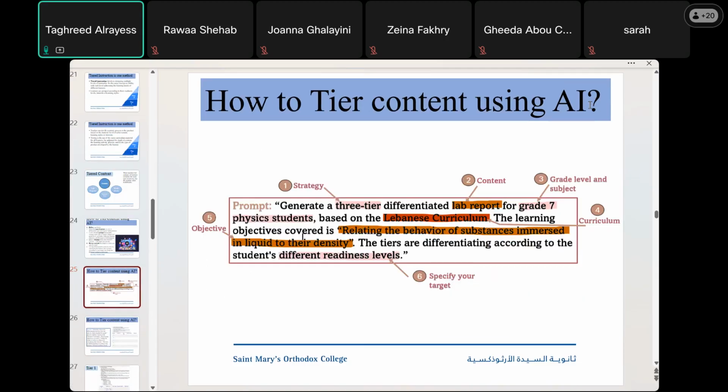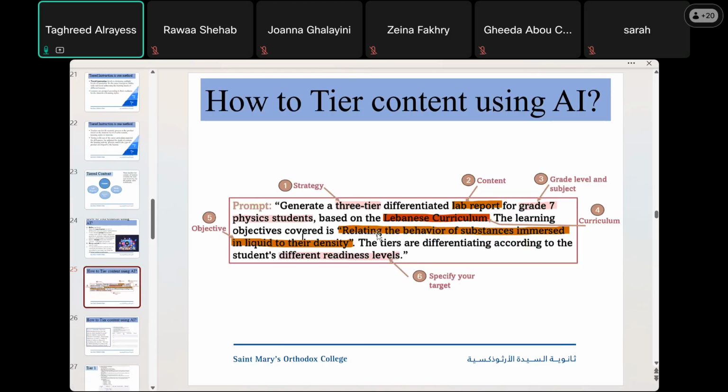And before we move on to the other steps, let me show you an example of a prompt generated for this target. So first of all, we have to mention all of the following pillars: the strategy, which is tiering in this case, the lab report as my content, the grade level, grade 7, and the subject, physics, the curriculum. I chose the Lebanese curriculum.